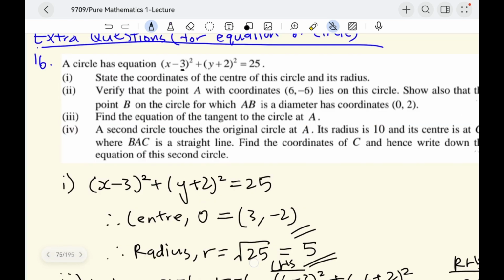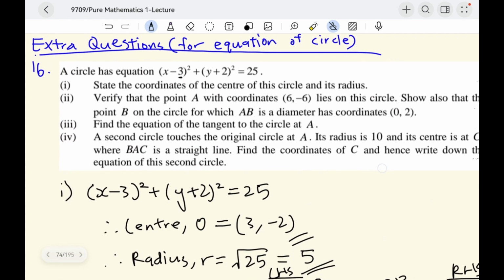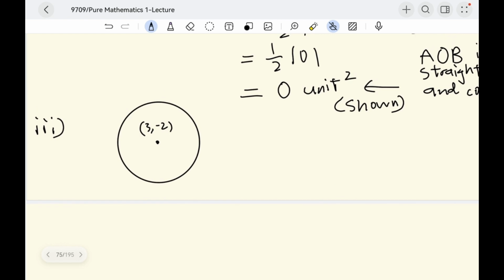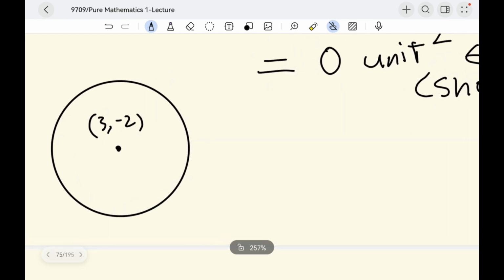So what would be the position of point A, 6, -6, which is the positive x side over here. So here is your approximate position of the coordinates of A. Point A obviously lies in the fourth quadrant because of positive x and negative y.